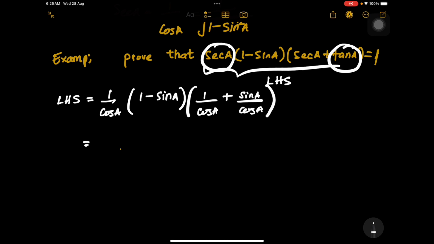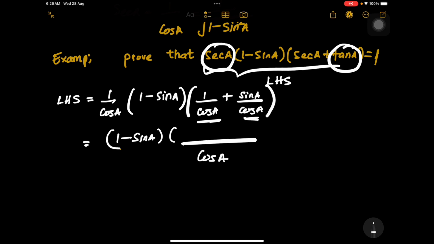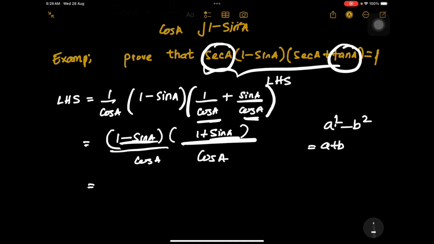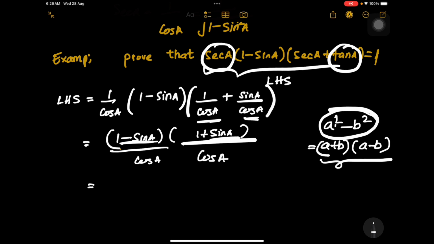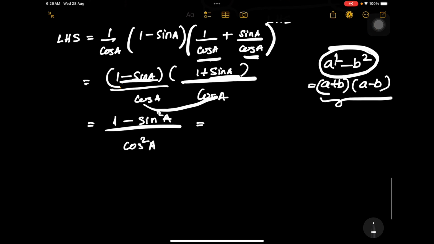So let's see what happens. On the top we have 1 minus sin A, and if we take 1 over cos A as common, in the denominator it's going to come out like this, 1 plus sin A over cos A. So 1 minus sin A times 1 plus sin A. It's like A squared minus B squared is equal to A plus B times A minus B. So this becomes 1 squared minus sin squared A, so 1 minus sin squared A over cos squared A. 1 minus sin squared A is cos squared A. Why?